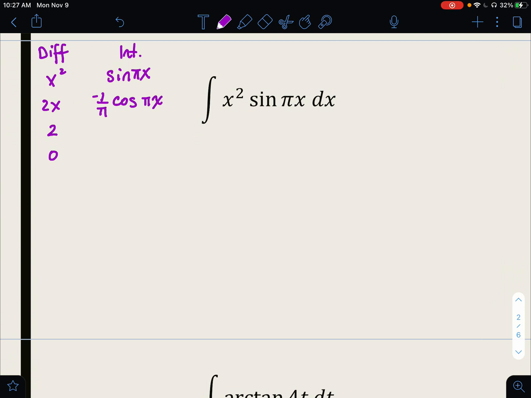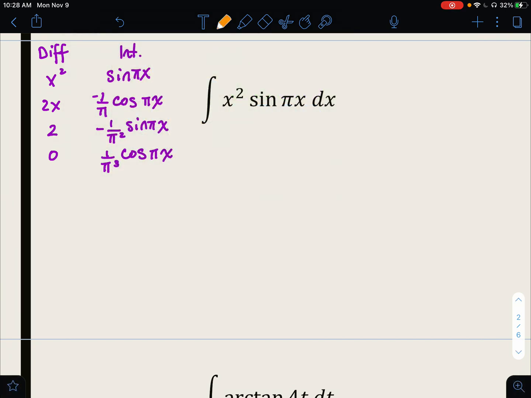When we do it again, we know the integral of cos is sine. There's already a negative there. We have to multiply by 1 over pi again, so that becomes negative 1 over pi squared sine of pi x. And then if I do it one more time, the integral of sine of pi x is negative cosine, and so that negative goes away. We end up with 1 over pi cubed cos of pi x.